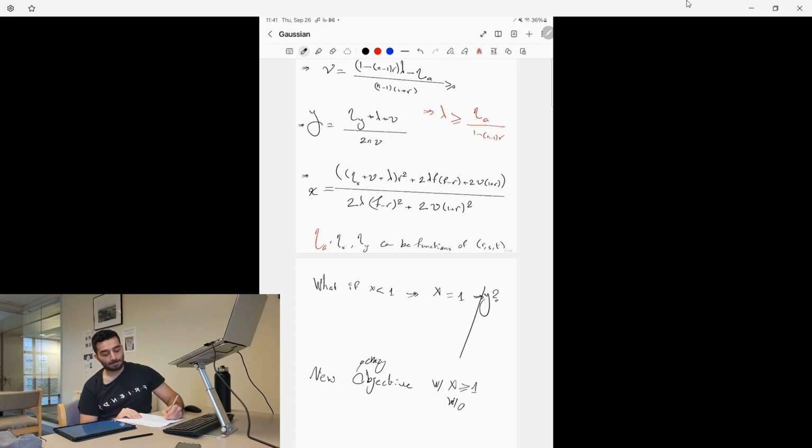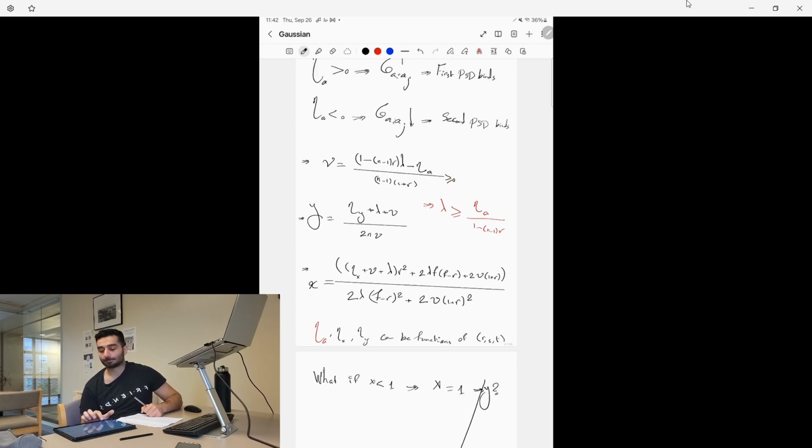It is f minus r lambda minus eta a over 1 plus r. And lambda should be the same inequalities, eta a f minus r greater than this. And what else is left?